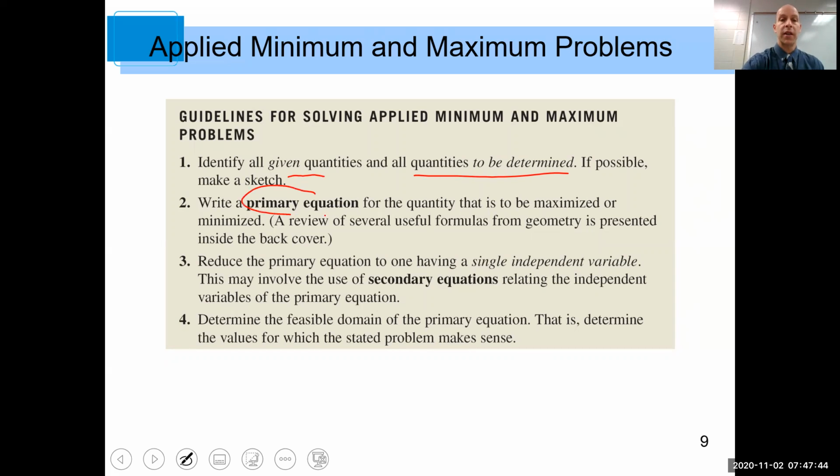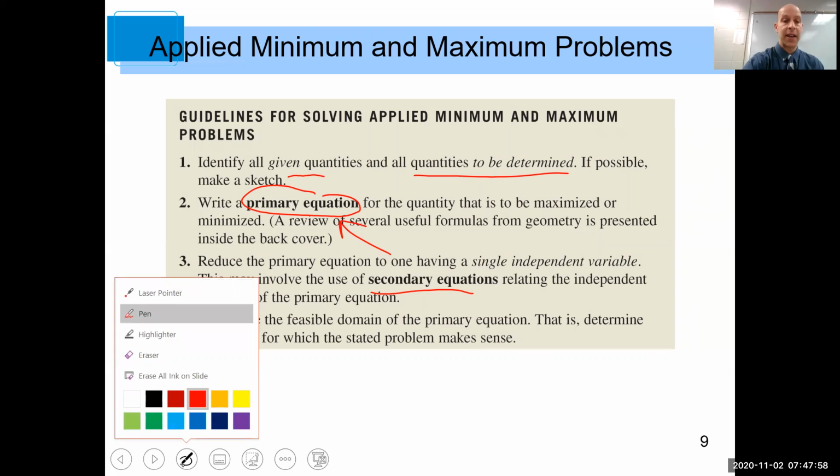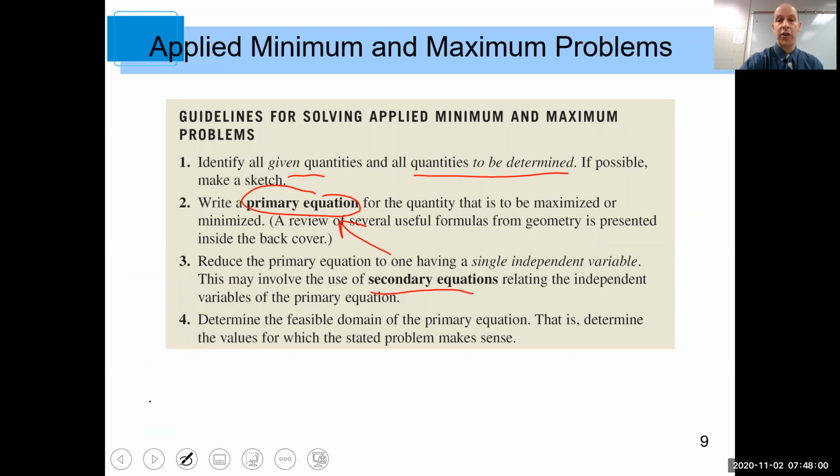Typically, you want to come up with some sort of primary equation, and a secondary equation that you substitute and manipulate back into the primary equation. Remember, and this is key, the primary equation is what we're trying to maximize or minimize. And then the last thing we want to do is make sure that our answers make sense. It wouldn't have made sense on that last problem to have x equals -6.